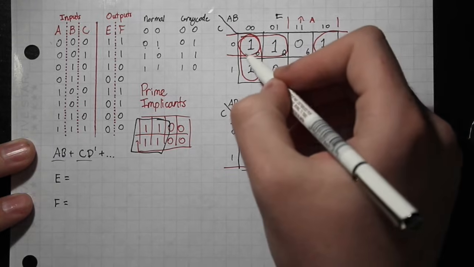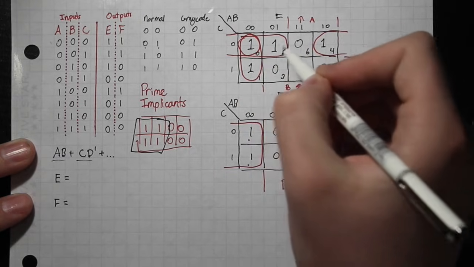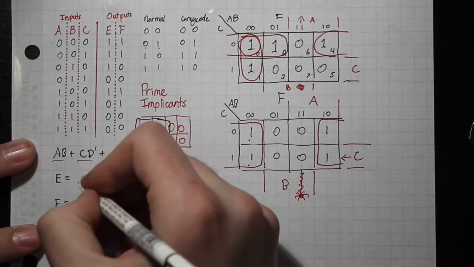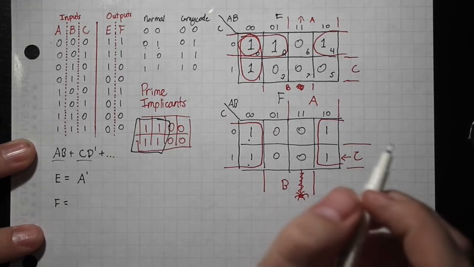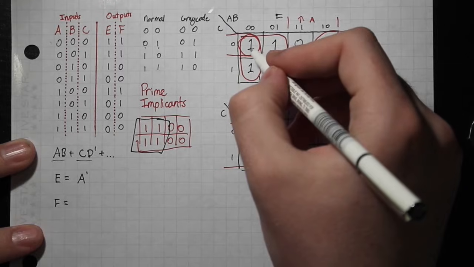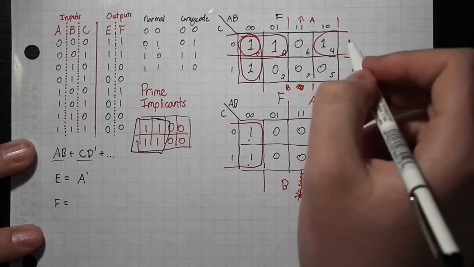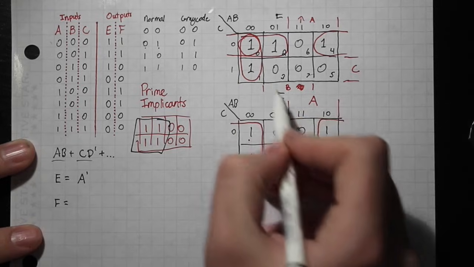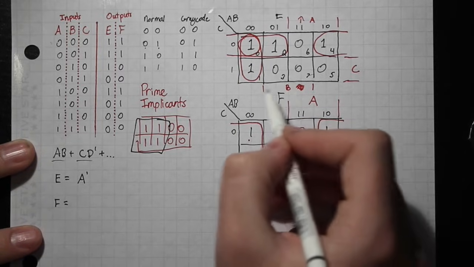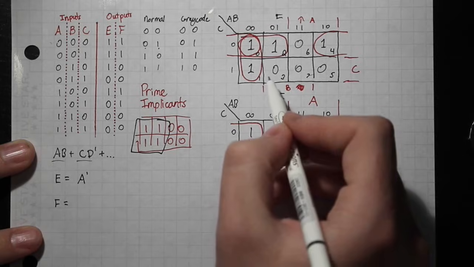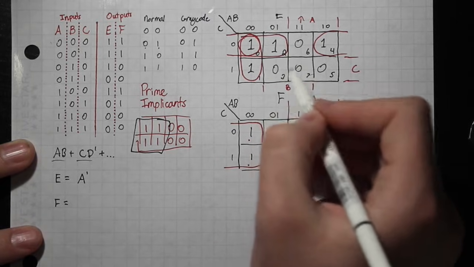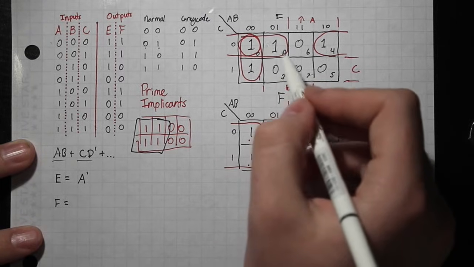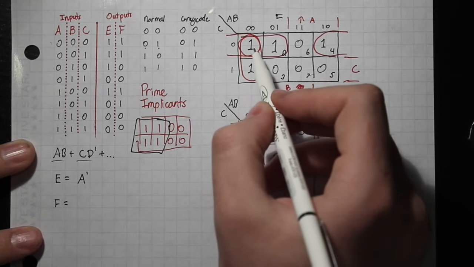This implicant right here is entirely outside of A. So we know that we're going to have A naught in our term, because both of these ones are outside of the region where A is asserted. And then if we look at B, one of our elements is inside of the region where B is asserted, because B is asserted inside these 4 middle areas. And this one is outside of where B is asserted.